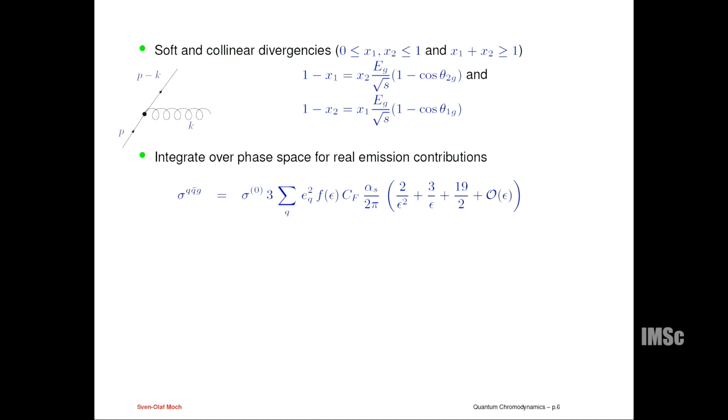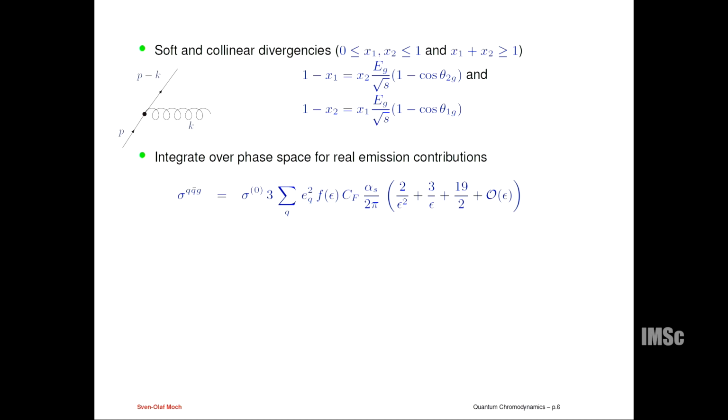So now we parameterize everything in terms of the gluon energy and the cosine of the angle between the gluon emission and one of the quark lines.